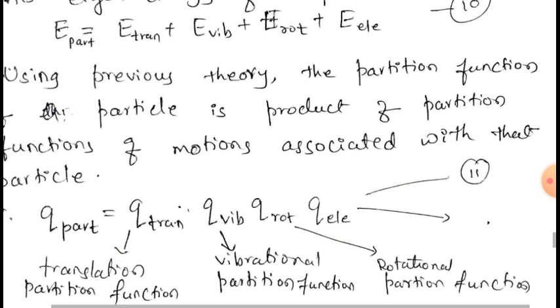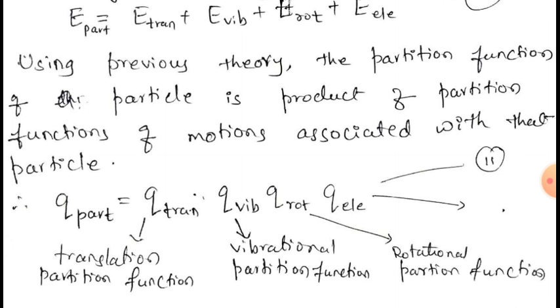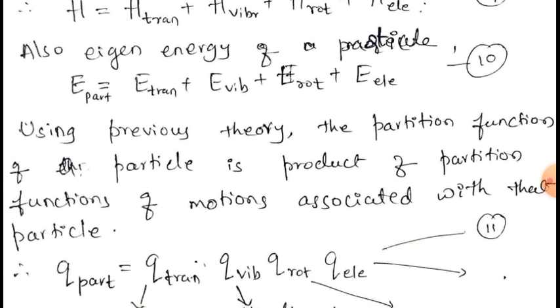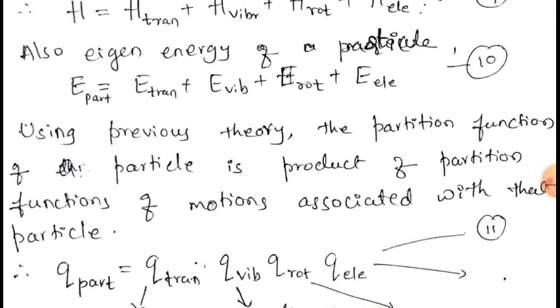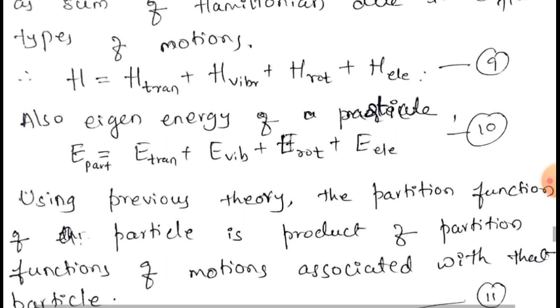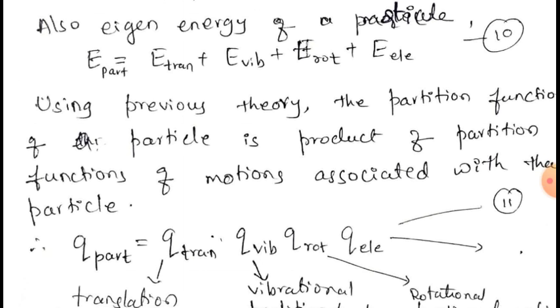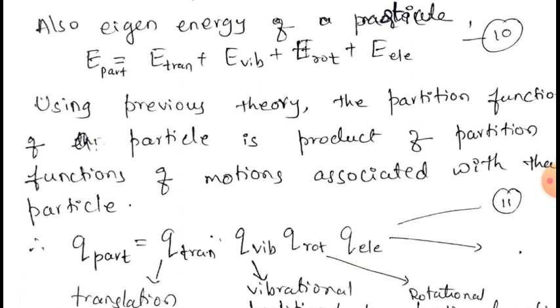And as we derived previously, the partition function of a whole system is a product of the partition functions of the contained particles. That came out because the Hamiltonian of a whole system is the sum of the Hamiltonians of individual particles, and the energy eigenvalue of a system is the sum of the energy eigenvalues of individual particles.